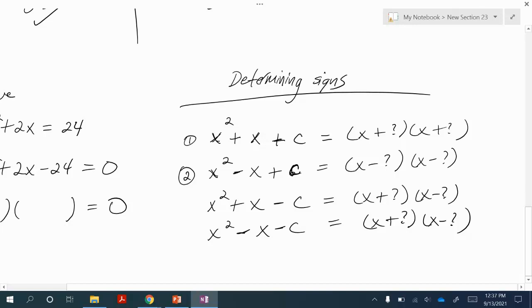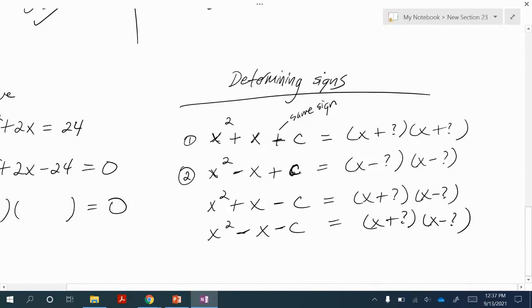If we look at the first 2 setups, notice that in the first setup, my last term is positive. If the last term is positive, then your signs are going to be the same sign as your middle term. In the first setup, my middle term is positive, so both of my numbers that I'm going to use in my factorization should be positive numbers.